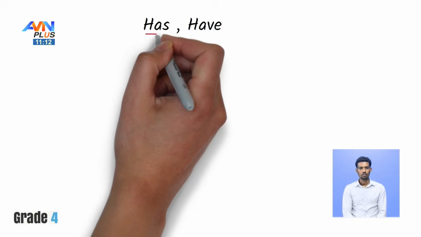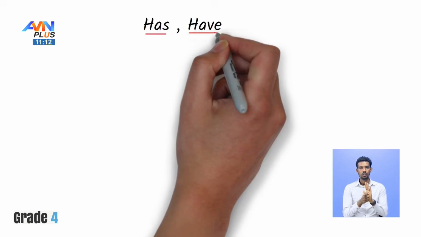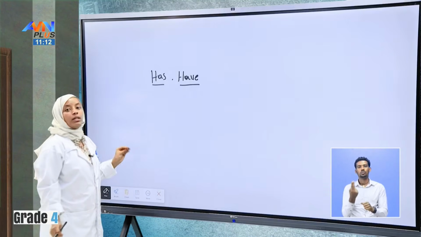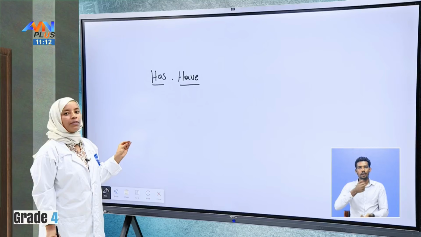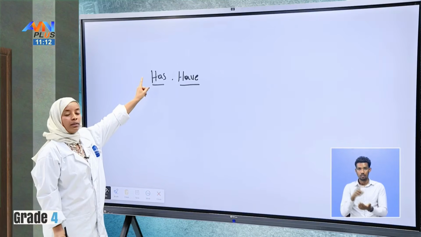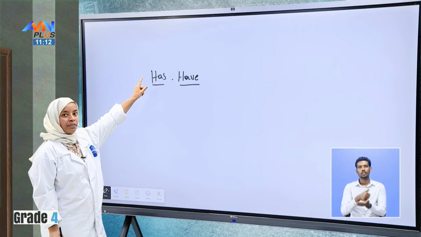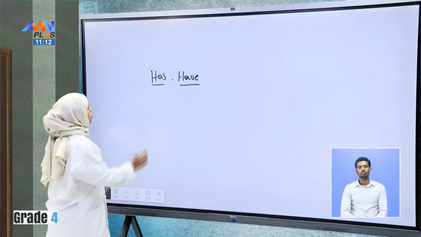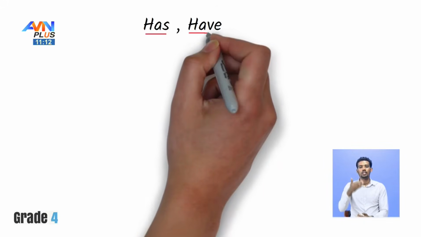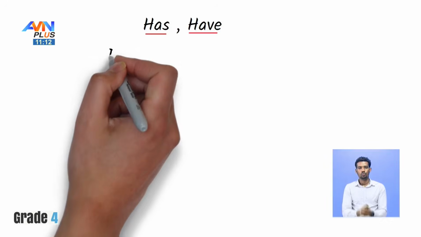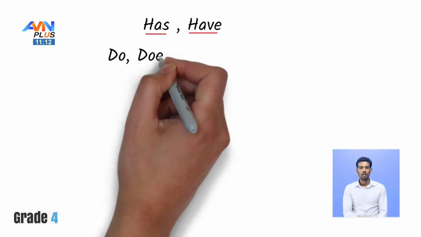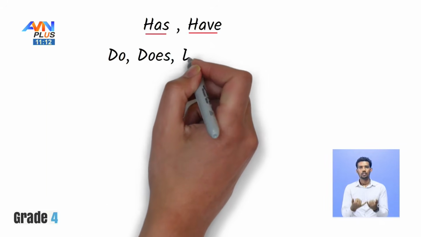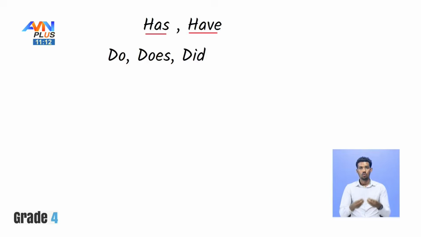For example, here you can use this also as a helping verb. Helping what? The main verb. And also, the next one is do, does, and did. Let me give you some examples.